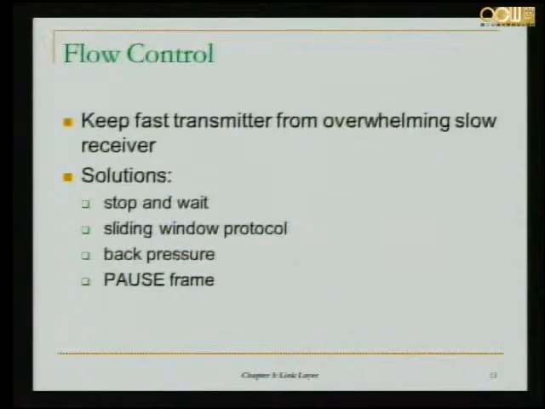Okay, the next issue is flow control. It needs to keep a faster transmitter from overwhelming a slow receiver. You could use stop and wait. You transmit one frame, receive an ACK, and then transmit the next frame. That's called stop and wait. And who does this?